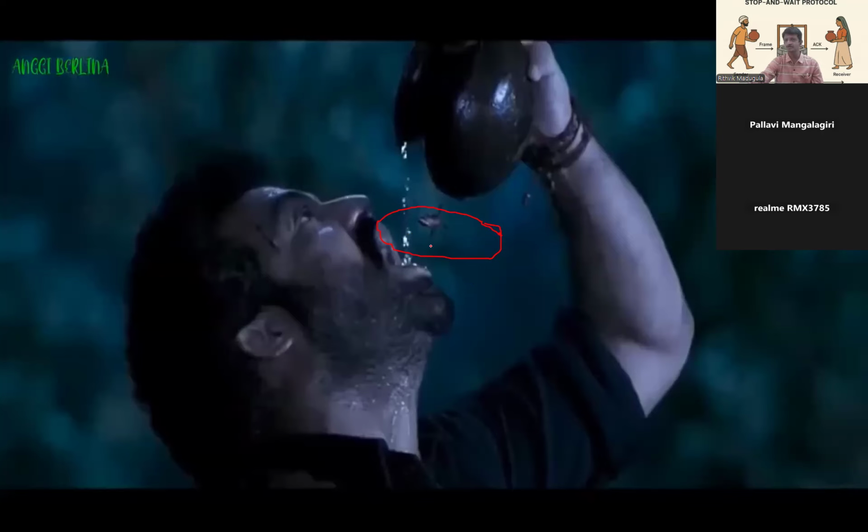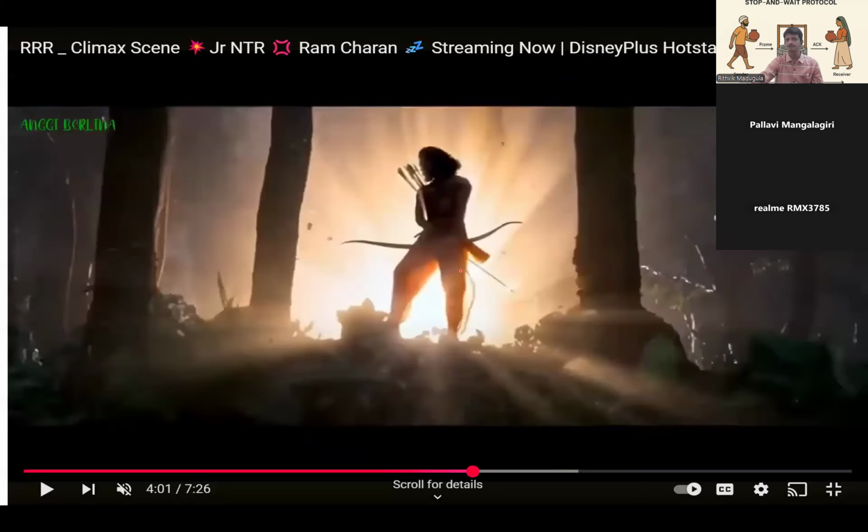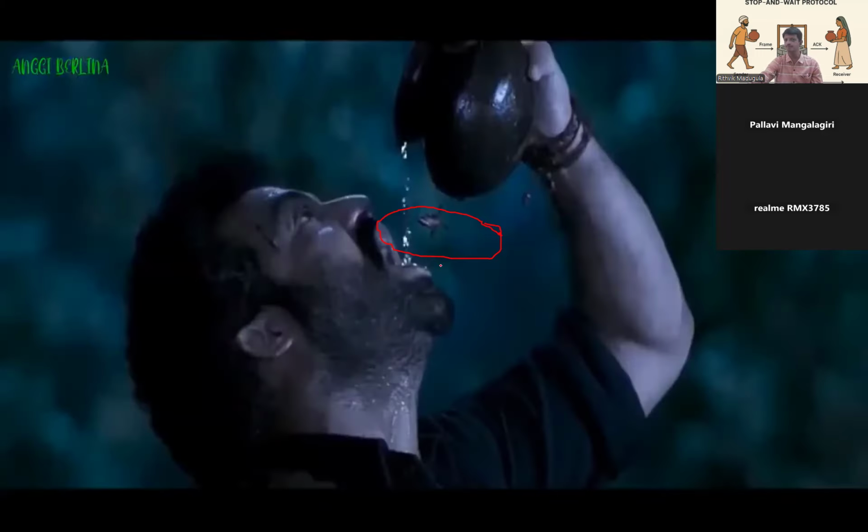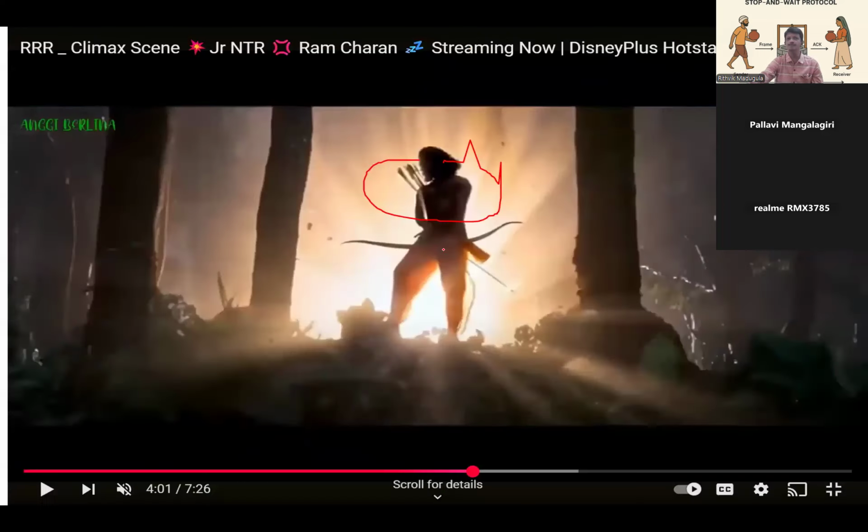This is the acknowledgement given by Ram. Ram, consisting of all the war fields and all the weapons, is transmitting all the weapons to Beam. Now Beam has received those weapons, and Beam will be able to see that he can win the war. So this is the general synergy as far as go back N and selective repeat protocols are concerned.